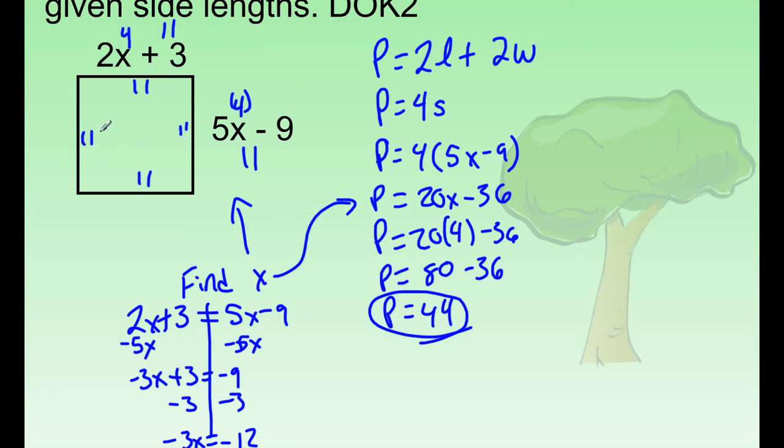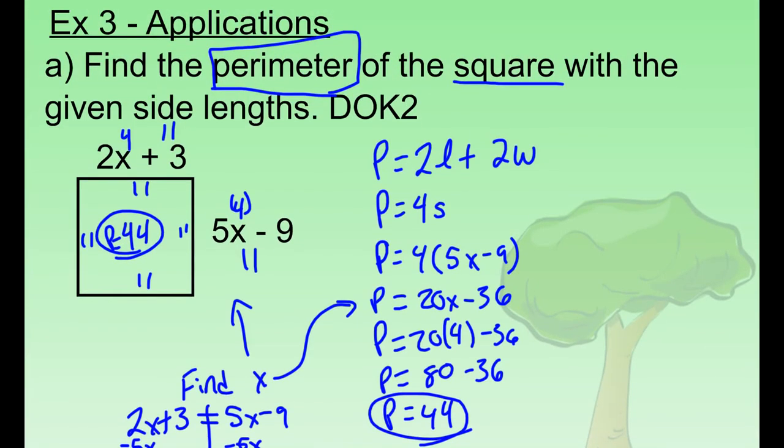So to find the perimeter, 11 plus 11 plus 11 plus 11 is still 44. That's why this is a DOK2, because it took the extra steps of finding the x value first before you could find the perimeter. You have to do that extra step.